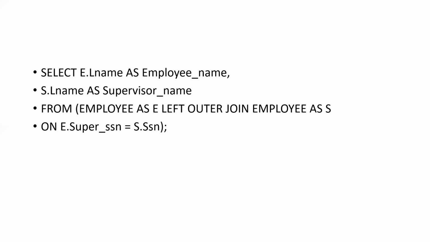So we want to retrieve the names of all the employees and their supervisors if any. Select E.last name as employee name and S.last name as supervisor name from employee as E left outer join employee as S on E dot super SSN equal to S dot SSN.